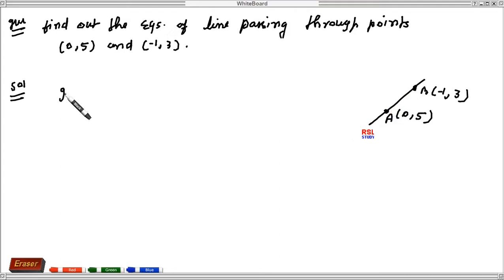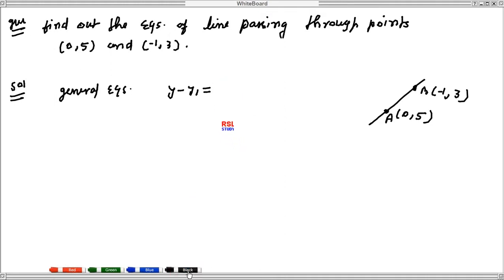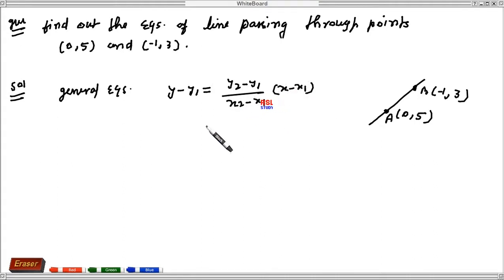Suppose this is a line which passes through points A and B, whose coordinates are given. So the general equation of a line passing through 2 points is y minus y1 equal to y2 minus y1 by x2 minus x1 into x minus x1. So that is the general equation of a line passing through any 2 points. Remember it.